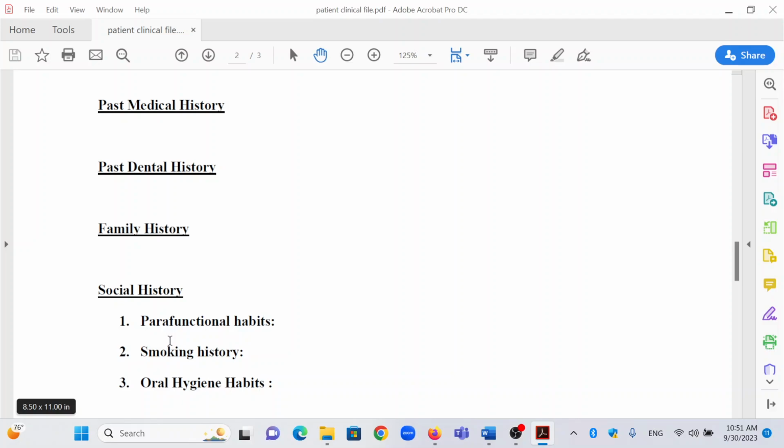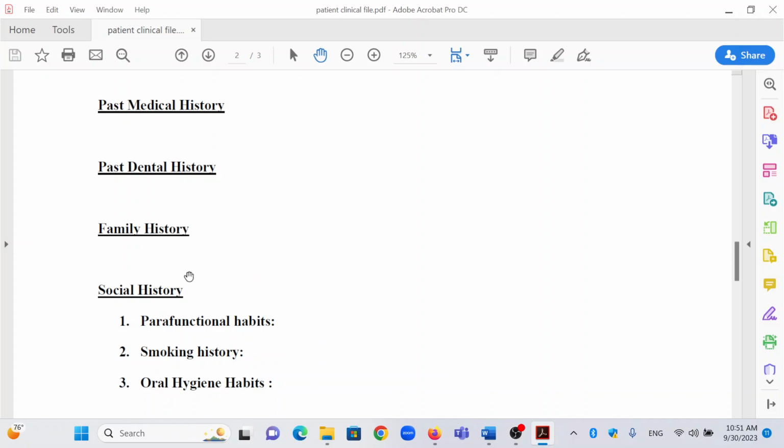For example, patients who have tongue thrust, lip biting or cheek biting, patients who eat rough foods that may also destroy the teeth. Patients who have bruxism or grinding, again, this may be destructive to the teeth and to the TMJ complex.